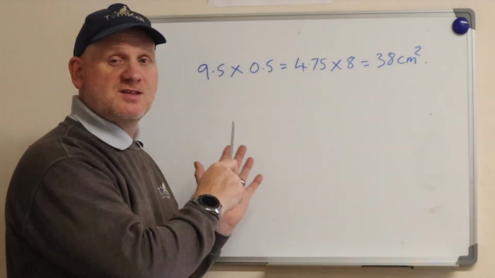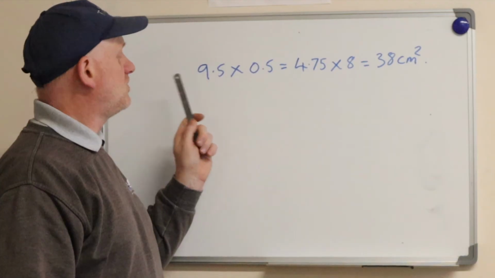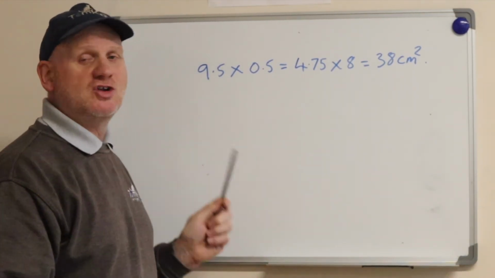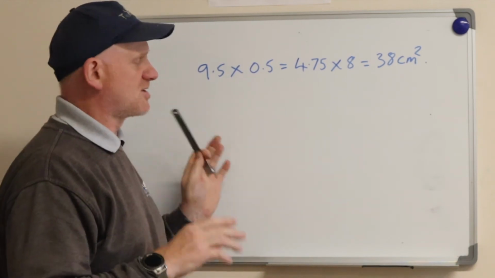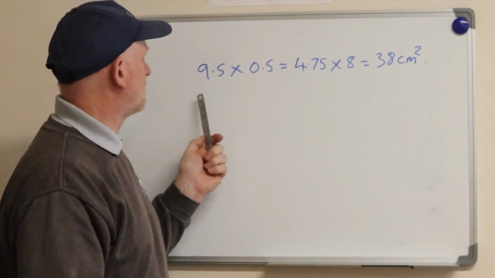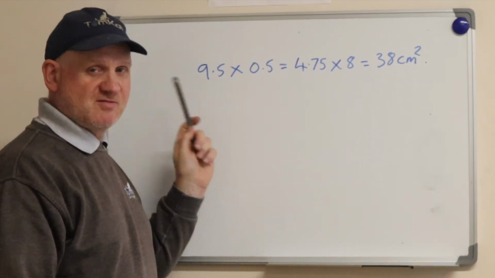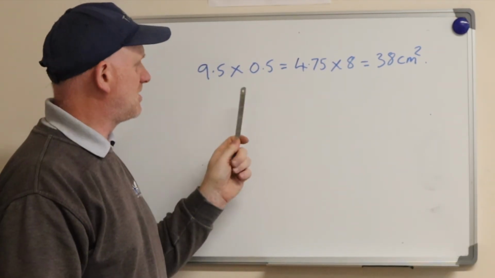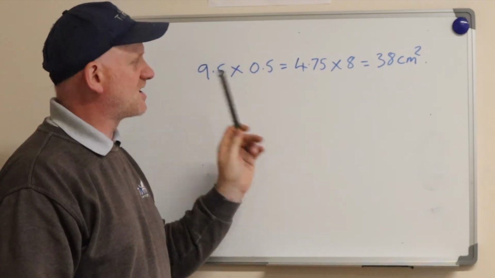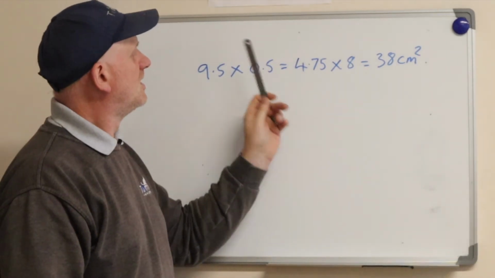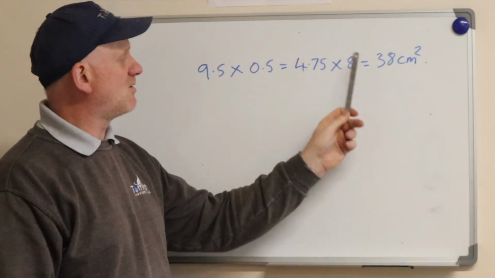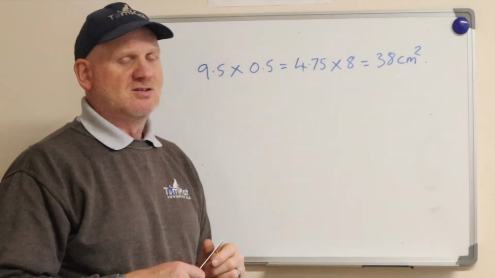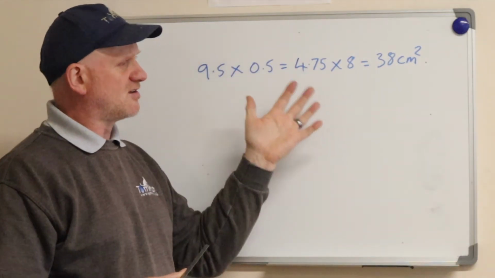So if we put these figures on the board, 9.5, remember it's 95mm, so I've turned that to centimetres because our final answer needs to be in centimetres squared. So it's 9.5 centimetres times 0.5 centimetres equals 4.75 centimetres, times 8 comes out at 38 centimetres squared. So that's how you would size a vent.